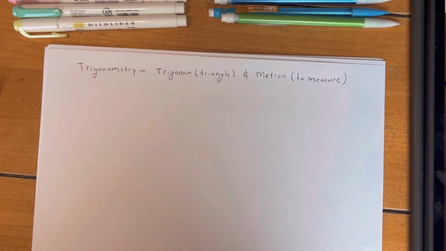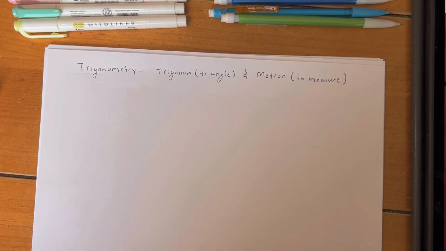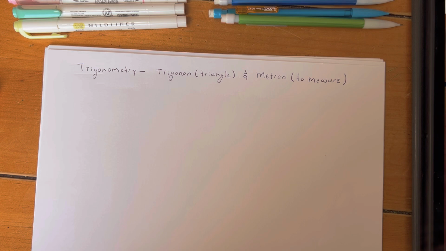So trigonometry is the study of trigons, and it first appeared in English in 1614.